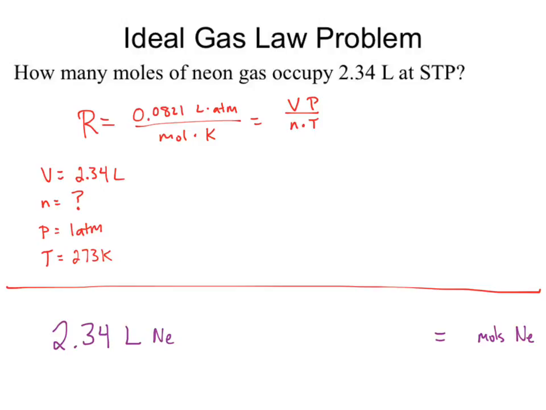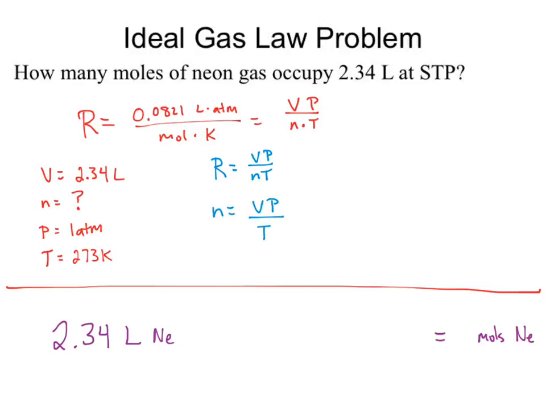How am I given that? It says STP. So you have to convert the term STP into those numerical values. Once you have that, the way I would do it is I would then go back up to my expression, and I would rearrange that where I can then solve for N.